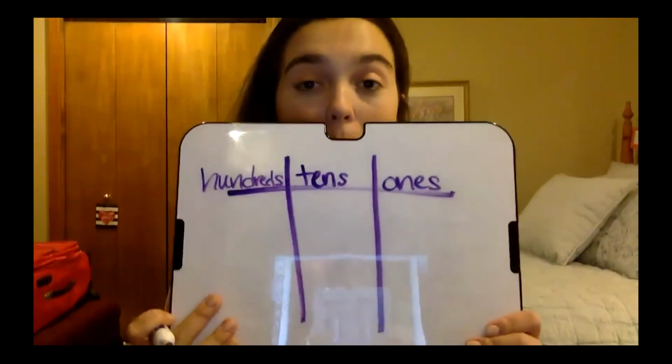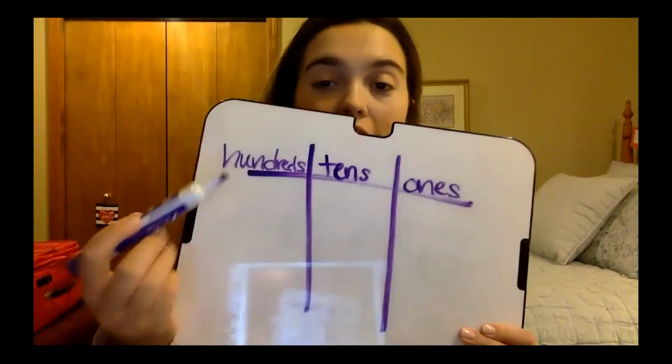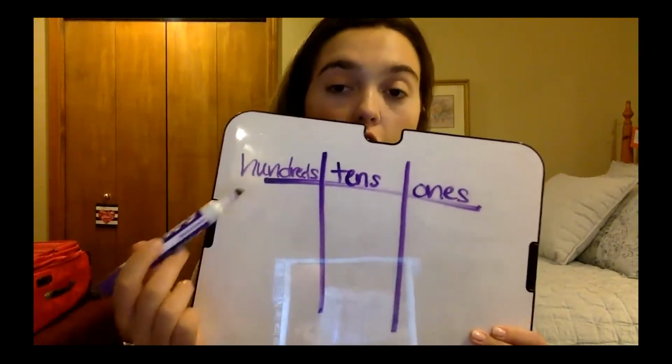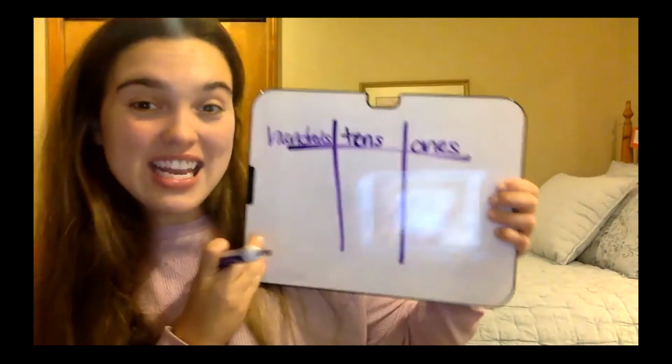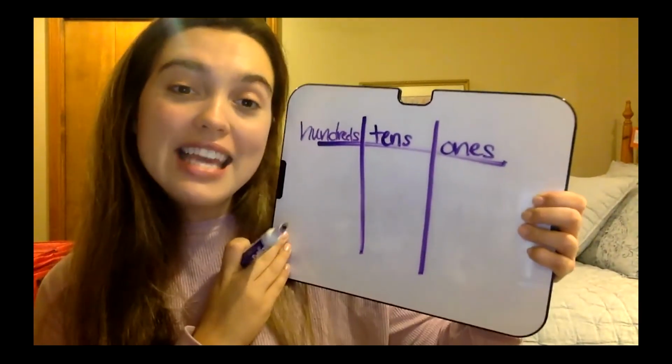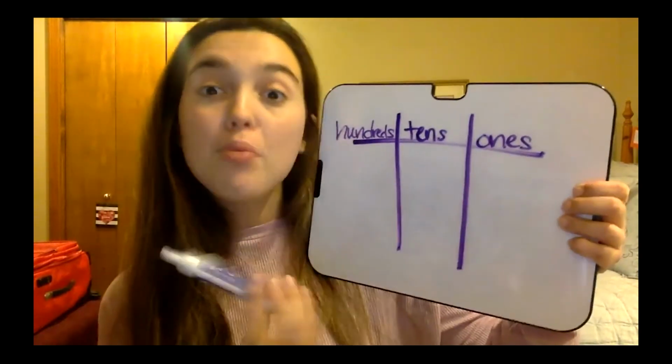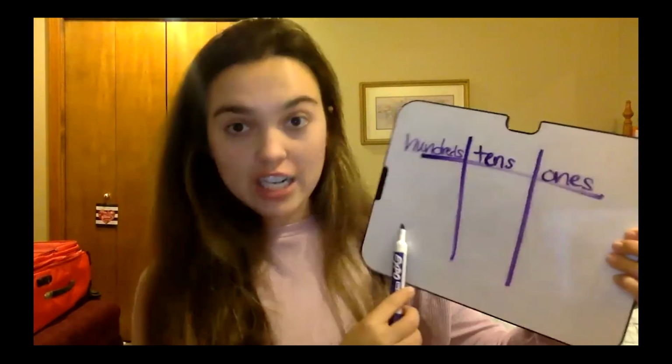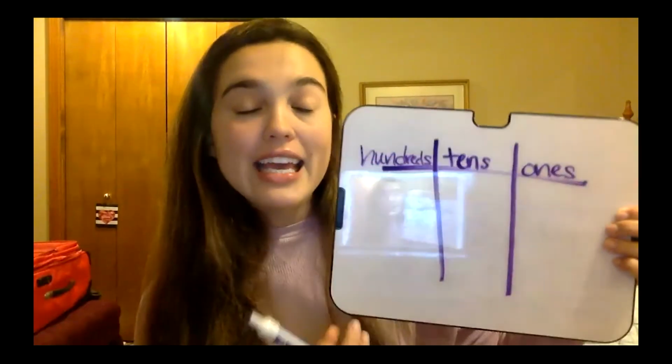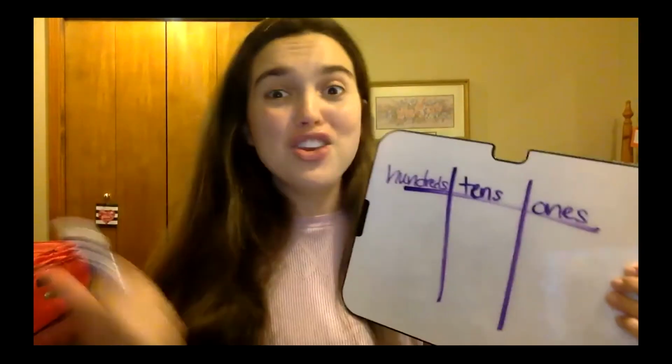All right, now today, our numbers most likely will not be large enough to use this hundreds column, but it's great to have it there just in case you are completing some problems that do include hundreds. And if you guys are feeling like you are confident in this, then you can go for that.